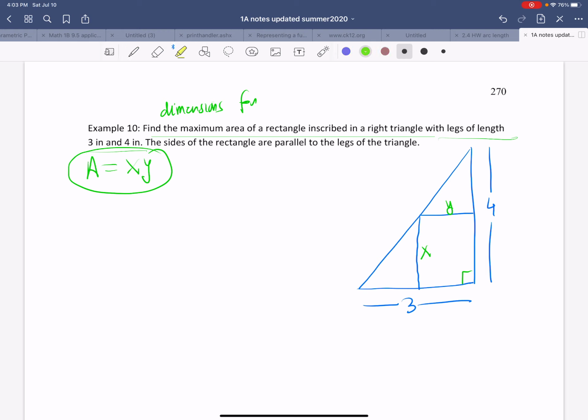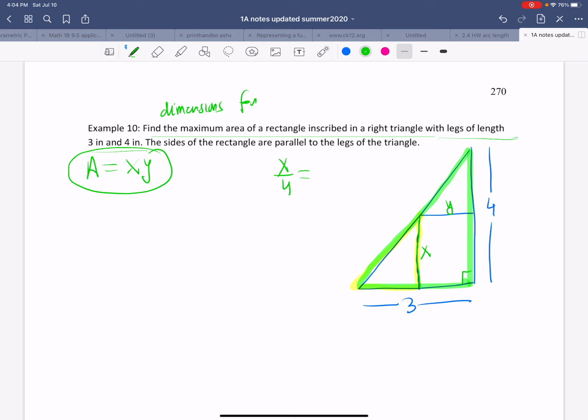I'm going to be using this triangle and the large triangle. So I have two triangles, the smaller triangle and the larger triangle. So side of the smaller triangle, x, over the side of the larger triangle, 4.